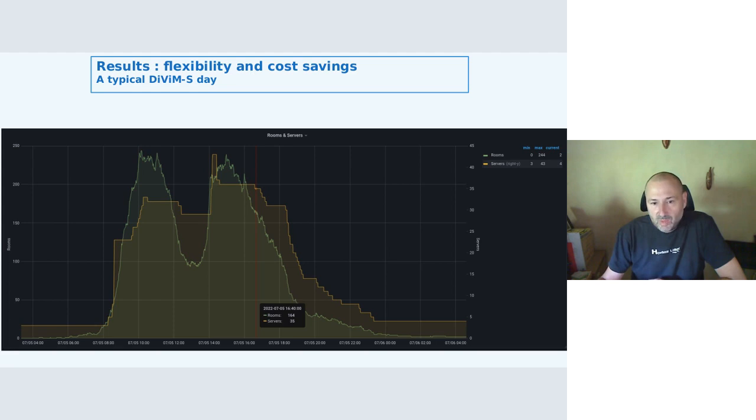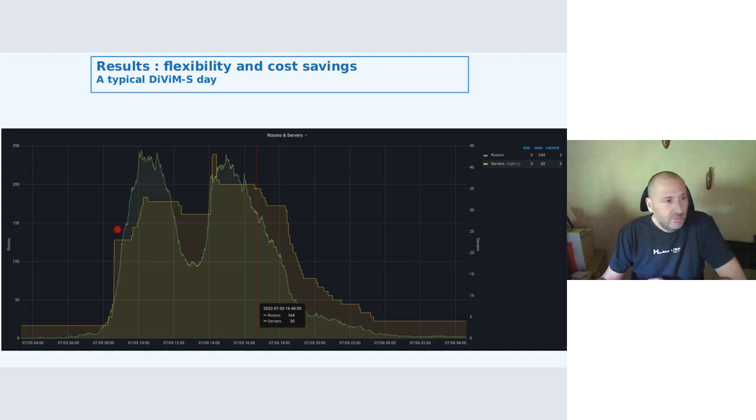The number of servers available at a given time, on the left, is constantly evolving and dynamically adapts to the load or to a forecasted schedule. In the latter case, in order to compensate for an evolution that is too fast for Divim-S to react automatically.